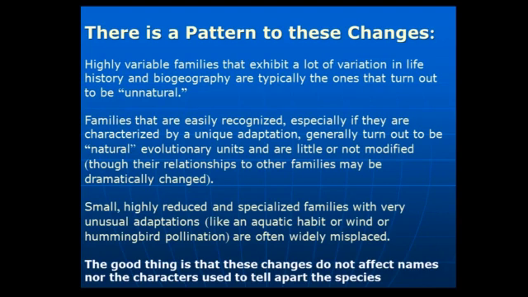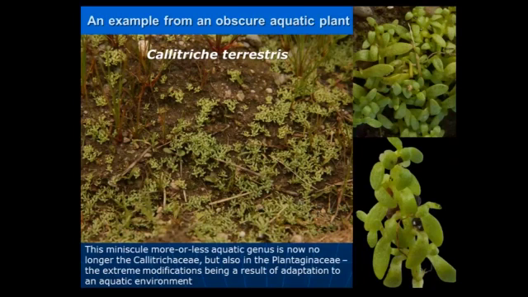Small families that are highly specialized and reduced, like aquatics or wind pollination or hummingbird pollination, are often widely misplaced in classification systems. People zeroed in on the weird, strange characteristic and used that to establish a family, and it just ain't so.